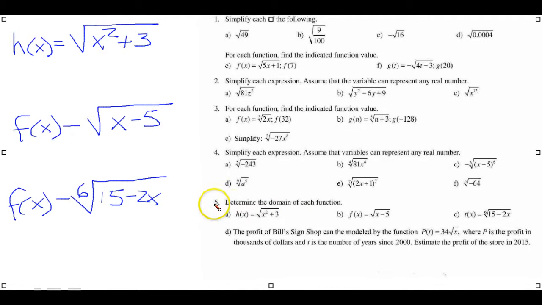Okay, in example 5, they're asked to determine the domain of each function. Well, domains are x values, and we want to see whether there's any restrictions. Well, we know under a square root sign, we can't have anything that would make this less than 0.